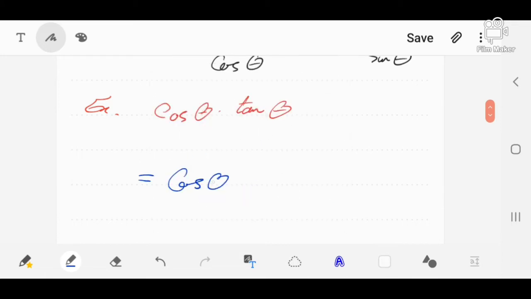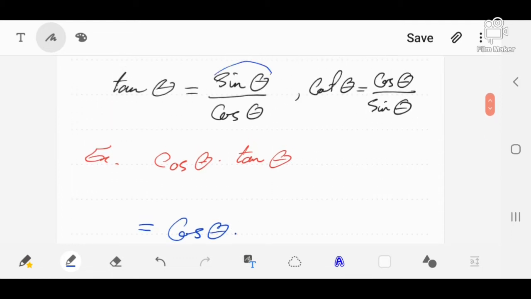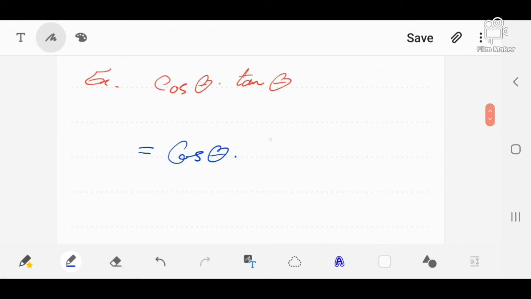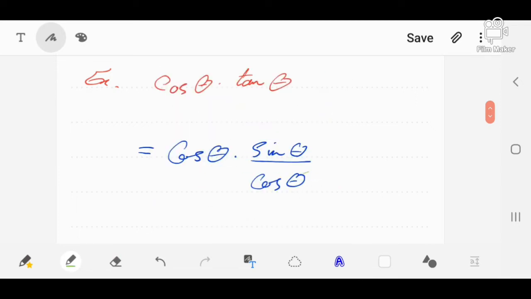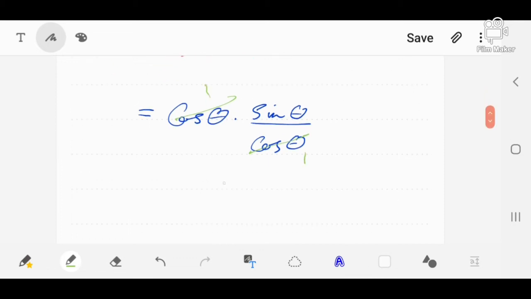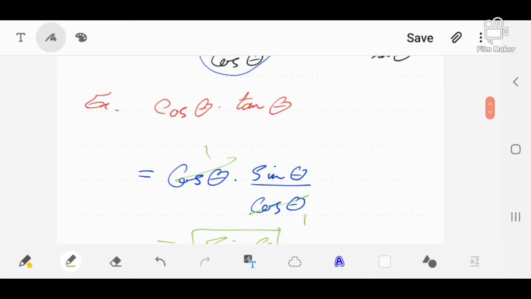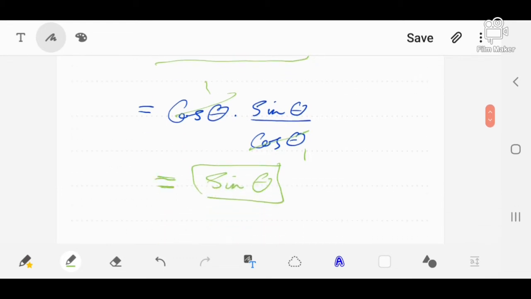Tan theta can be written as what we said here, sine over cosine. So this will be sine theta over cosine theta, which means we can simplify cosine with cosine. So the answer will be equal to sine theta. So the simplest form of cosine times tan is equal to sine theta only.